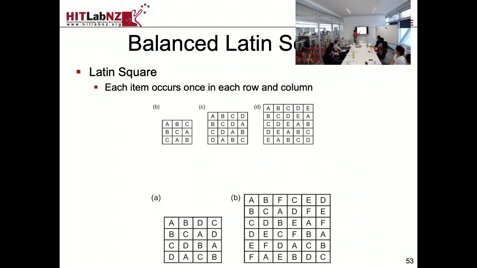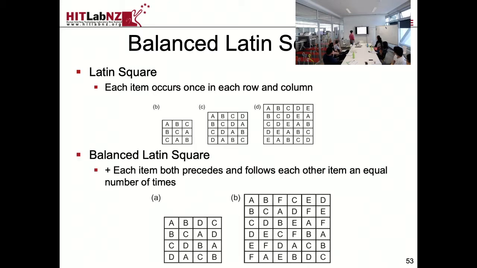And B is always followed by A. If we add more conditions, then we can see some order here, right? So we also want to control the order effect as well. The solution is this one, which is called, I just forgot the name, something Latin square, a balanced Latin square. Yeah, balanced Latin square.